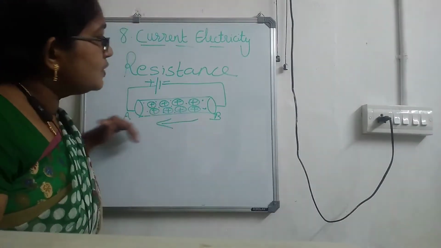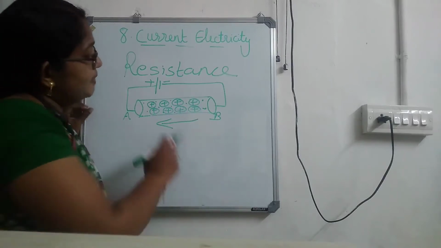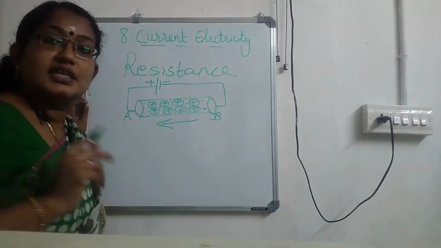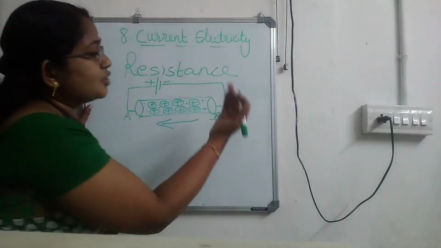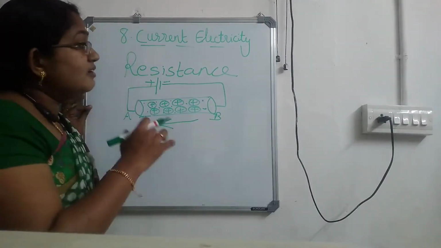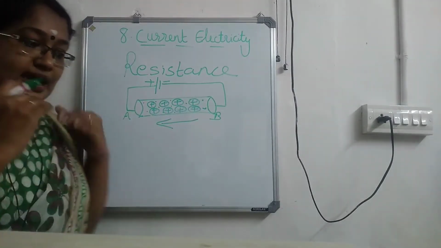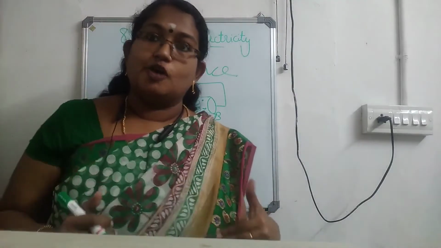And what about the path for the electrons? Is it free? No. In between you can see many positive ions. So when these electrons are moving towards the positive terminal, they hit the positive ions present there. So there is an obstruction in the flow of electrons.